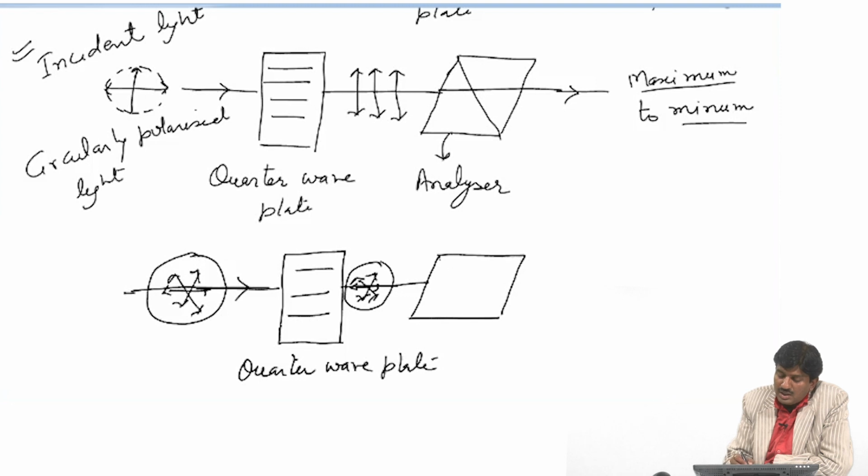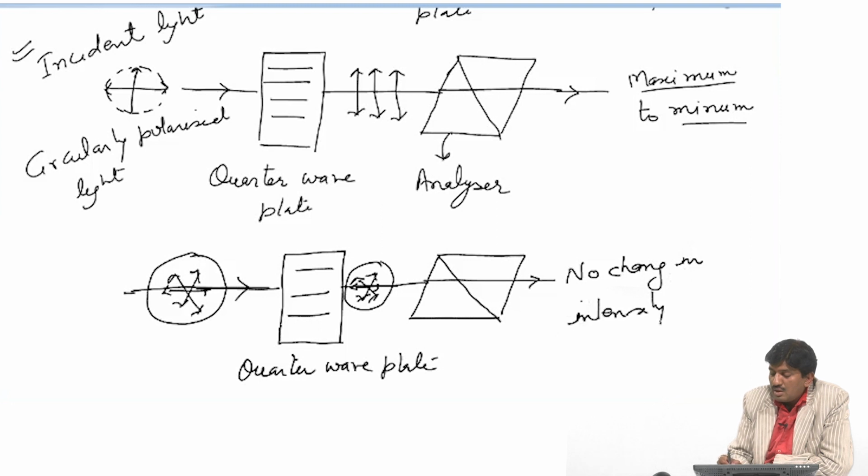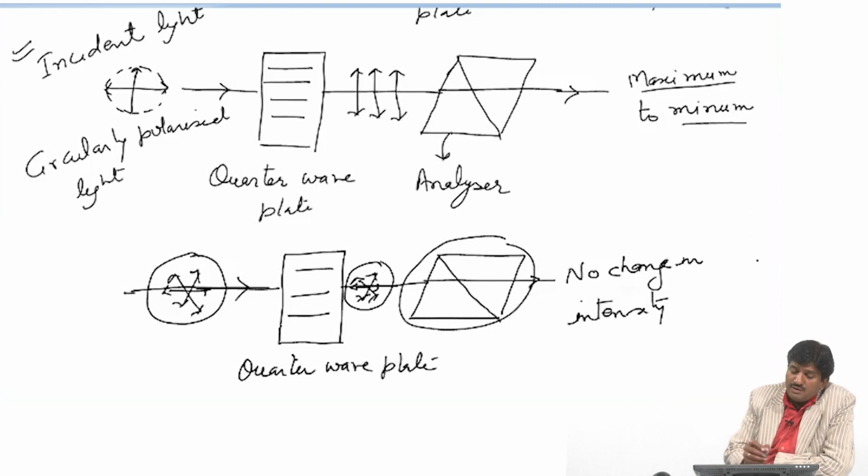it through the analyzer or Nicol prism, then there is no change in intensity in any direction. If we rotate this Nicol prism, there is no change in intensity. This is the difference between incident circular light and unpolarized light.